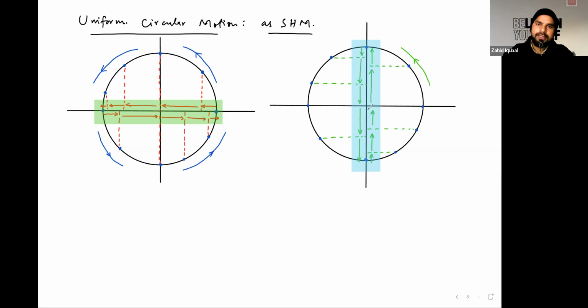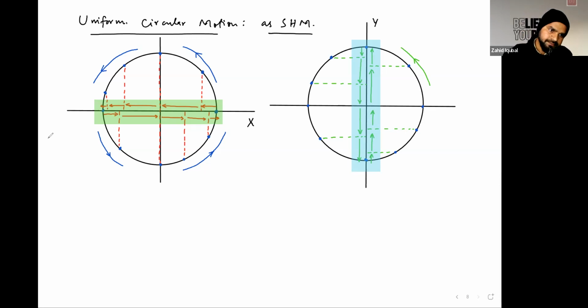So from these two parts, we can conclude if a particle is in uniform circular motion, the motion of the projection along any diametrical axis, that is along the x-axis or along the y-axis, will act as simple harmonic motion.